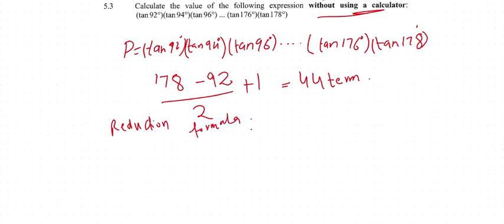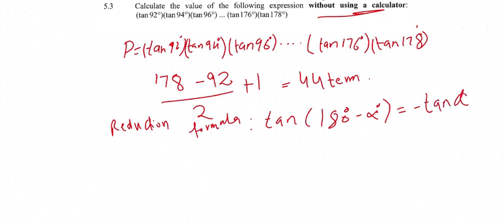We have tan(180 degree minus alpha), which is equal to minus tan alpha, on all terms.